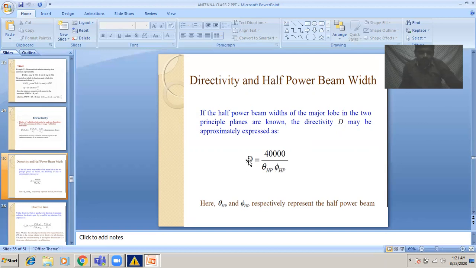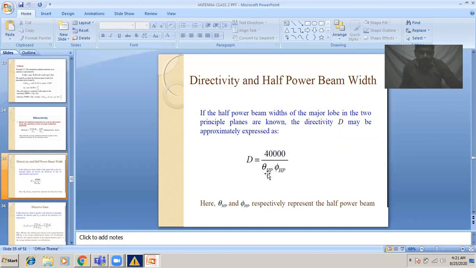So therefore, for smaller antennas, directivity and half power beamwidth can be related through this expression. If you see, this entire one can be replaced by beam solid angle, that is gamma A. So this theta HP into phi HP will become beam solid angle gamma A. Therefore, D is inversely proportional to this gamma A. That means if beam solid angle is more, automatically directivity is less.